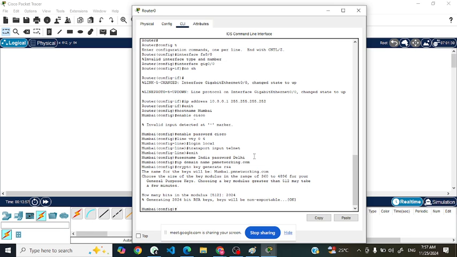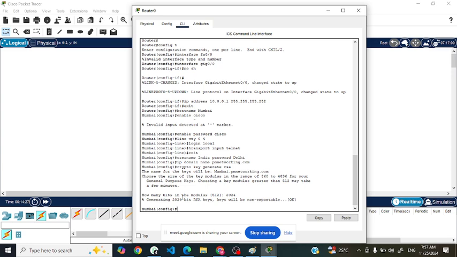So can we access SSH? Can we be able to access SSH, Lakshman? No, sir, transport input SSH. Exactly, because here I am giving permission to access this router with Telnet only in the last configuration.